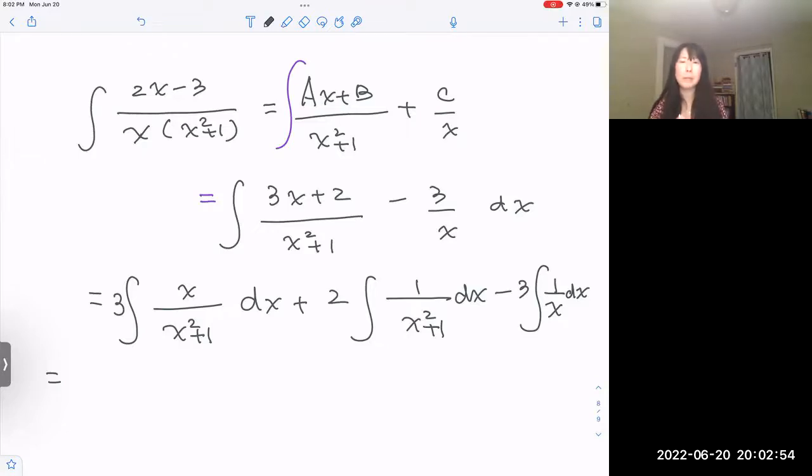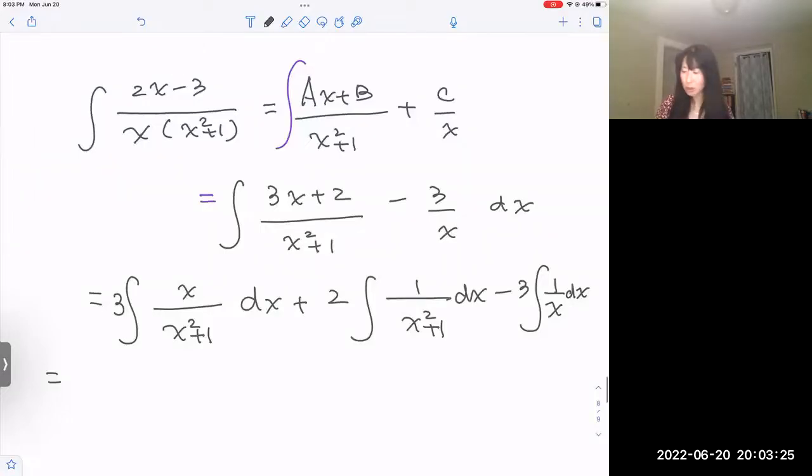Which one is ln? Let's finish. We have one last one, advanced one. First one is arctangent. First one is the ln.